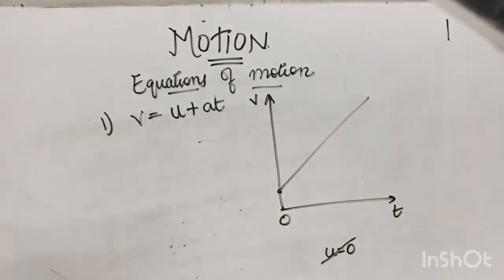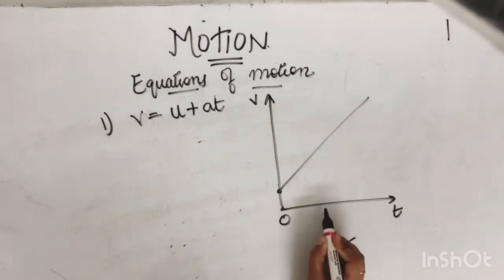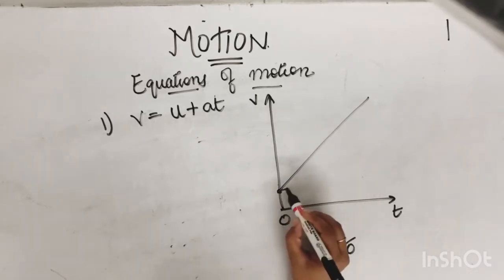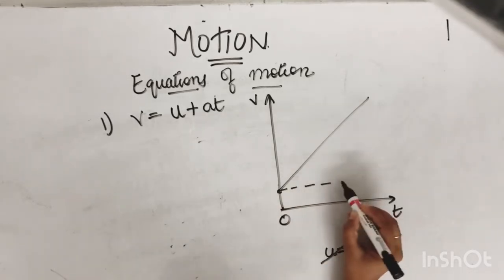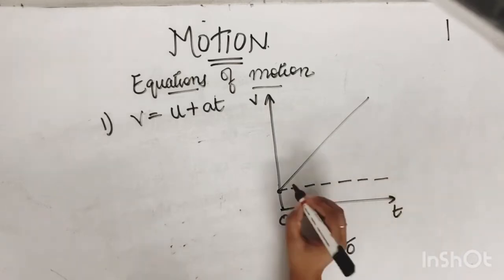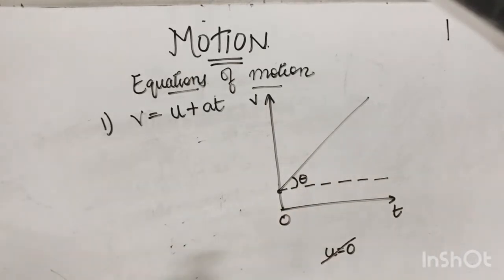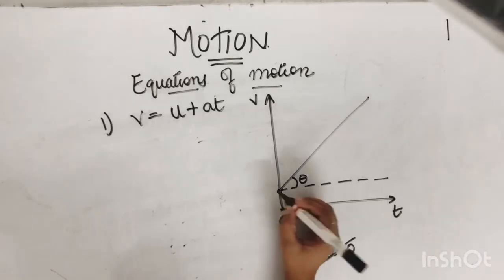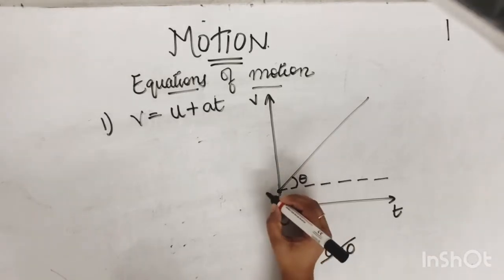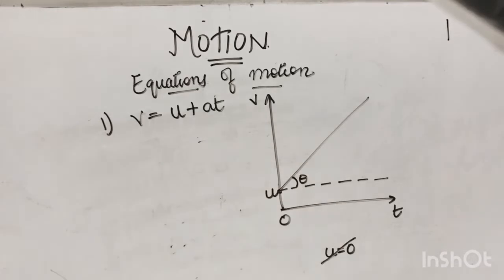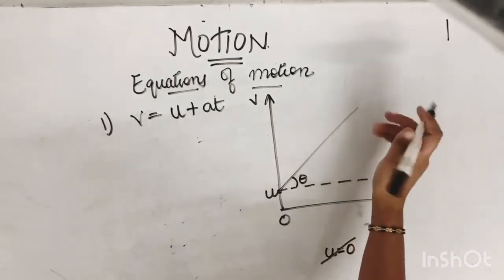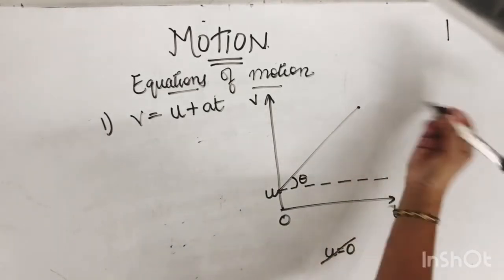Draw a straight line. Now it should have an angle theta with x-axis. Now x-axis is here. So what we can do is draw a line parallel to x-axis, and this angle will be theta. Now body is starting its motion from here. So this will be the initial velocity. The motion is, we are taking this much motion.